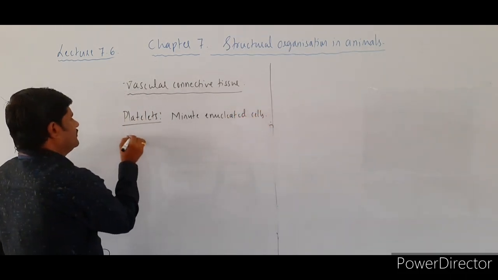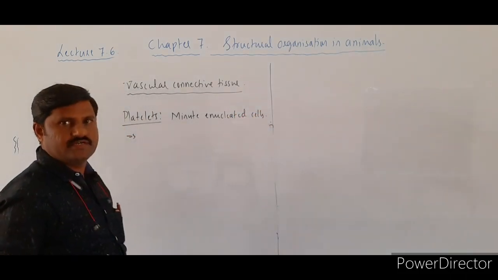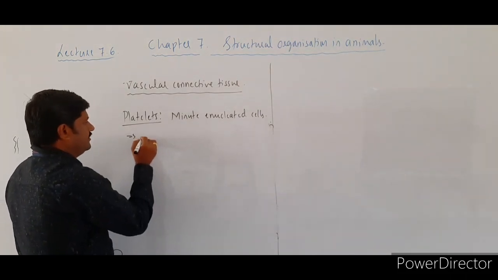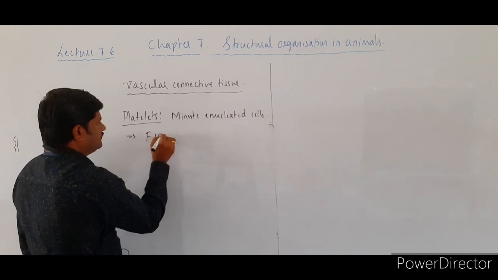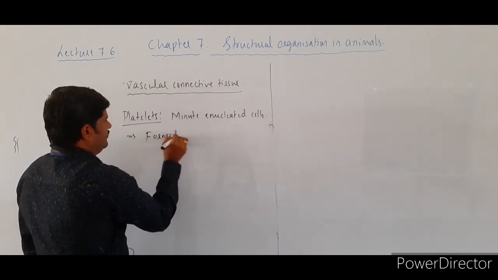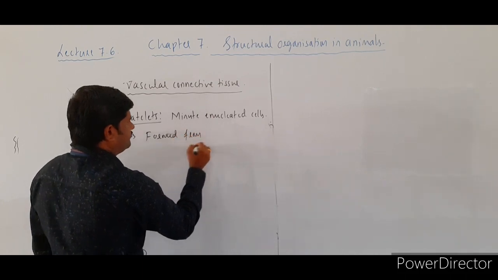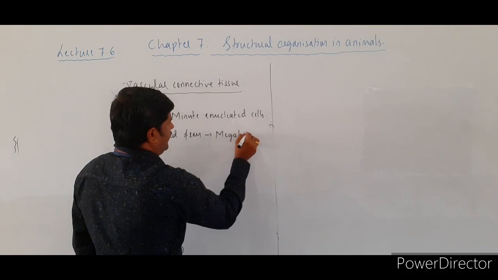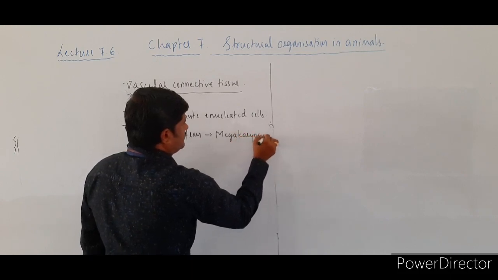They are mainly formed from megakaryocytes.